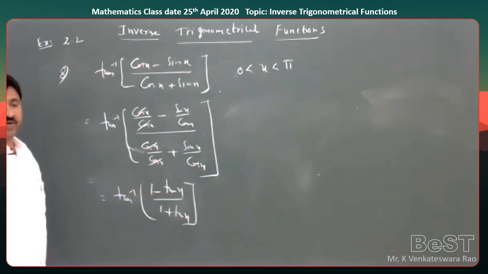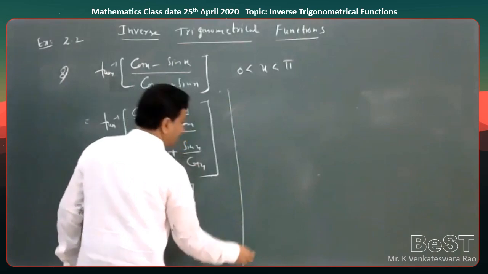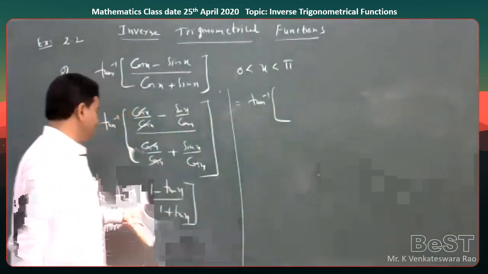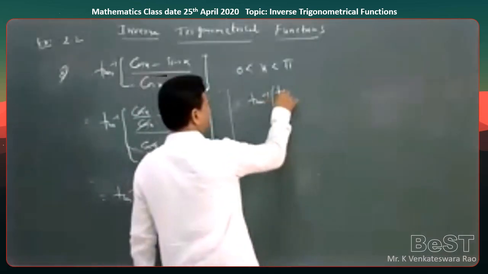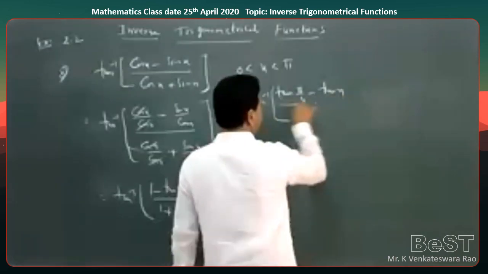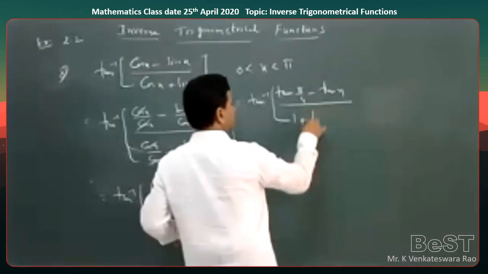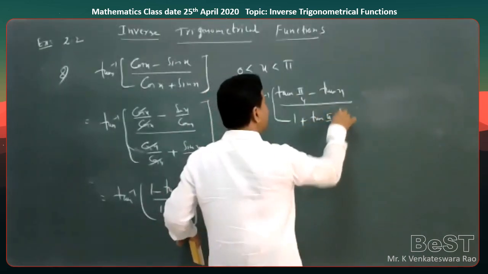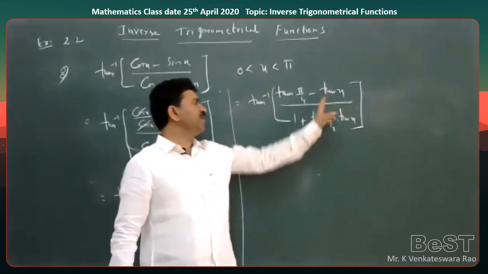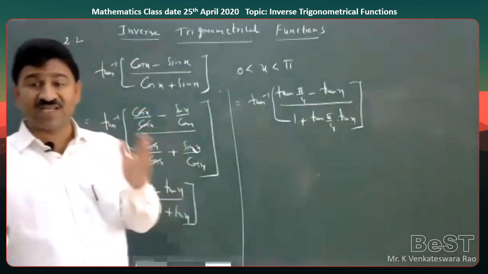In place of 1, you can write tan pi by 4. Directly also you can write the formula, otherwise see this one. Tan inverse of tan pi by 4 minus tan x by 1 plus, into 1 we can take tan pi by 4 into tan x. See this: tan a minus tan b by 1 plus tan a into tan b formula is tan of a minus b.